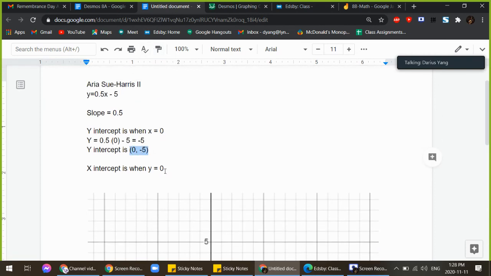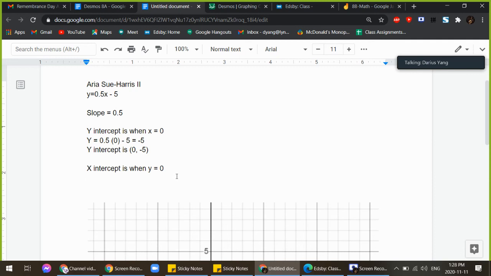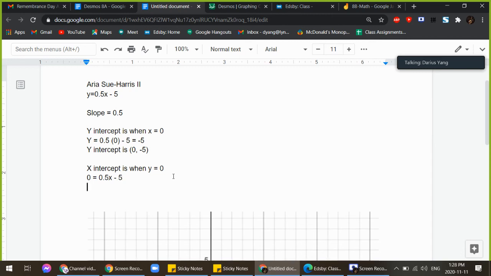So the x-intercept is when y is 0, and guess what? This one is a little bit trickier, not that much. So 0 is y on the left side, equals 0.5x minus 5. Solve for x. How do you solve for x? Add 5 on each side, which is 0 plus 5 equals 0.5x minus 5 plus 5.